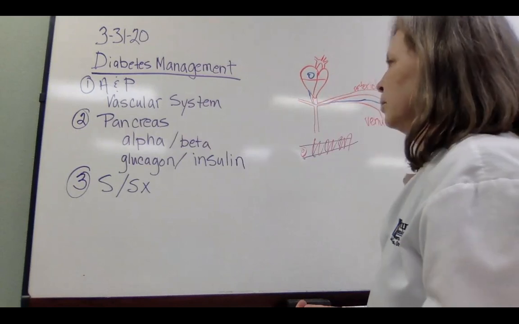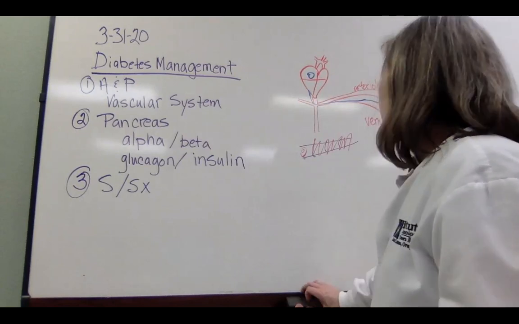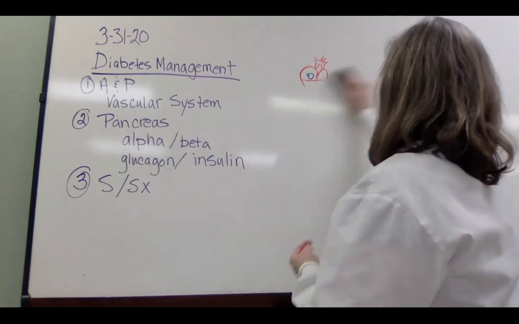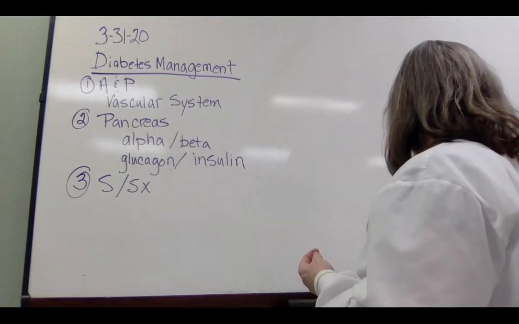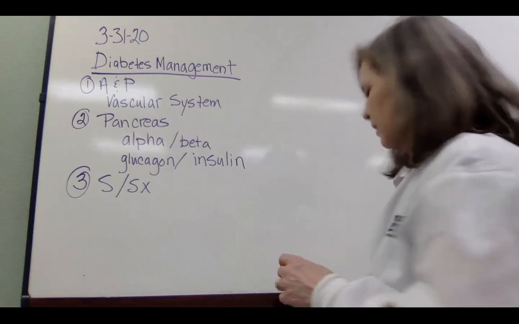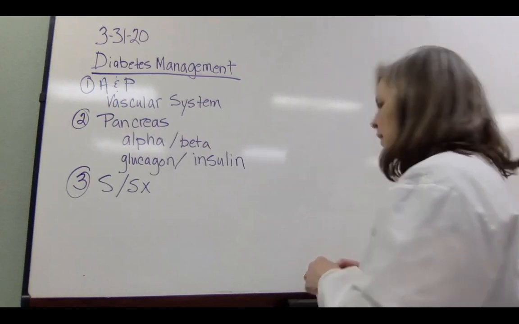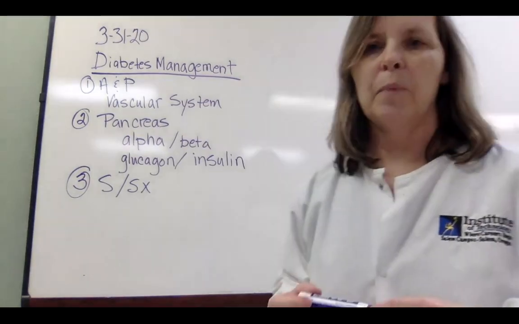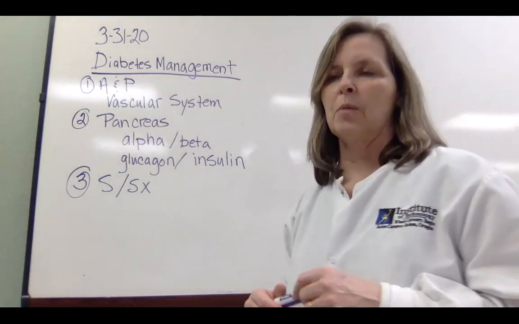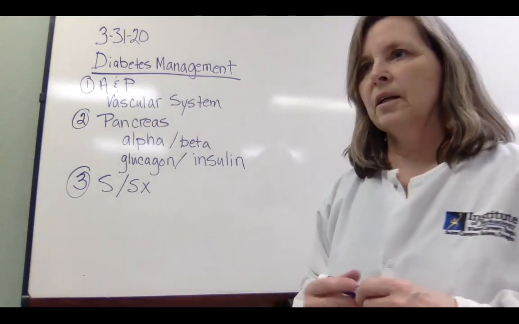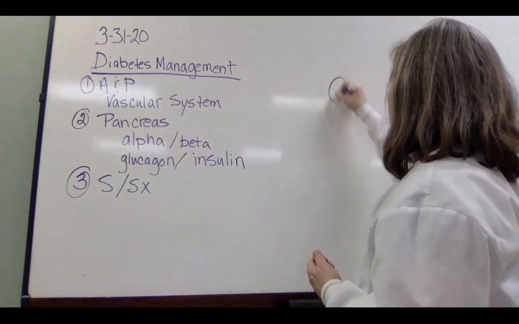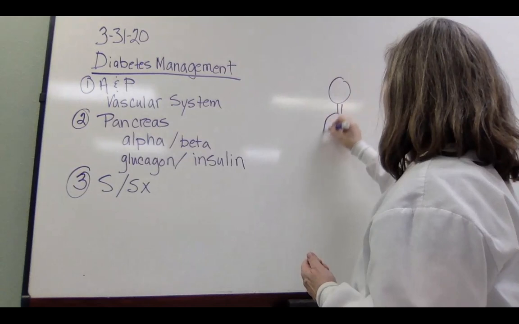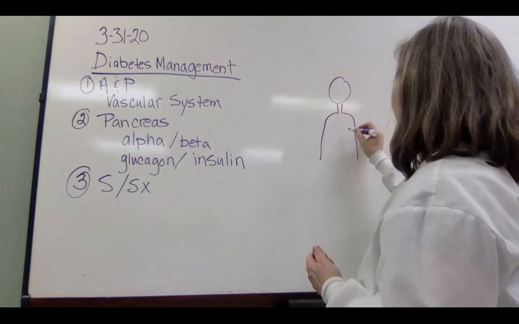Let's talk a little bit about the pancreas. Sorry, this is going to be a horrible drawing, but it's all right. The pancreas is located kind of behind the fundus of the stomach. And it kind of looks like, head, neck, body.